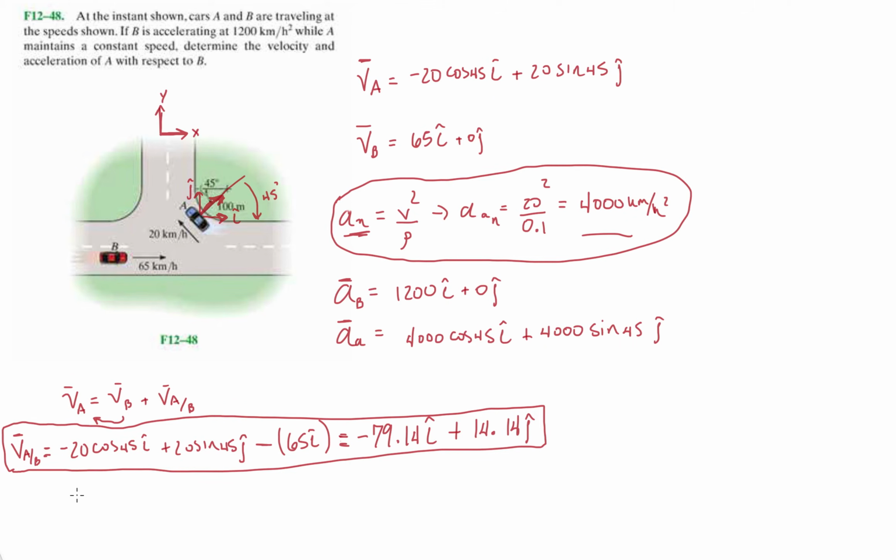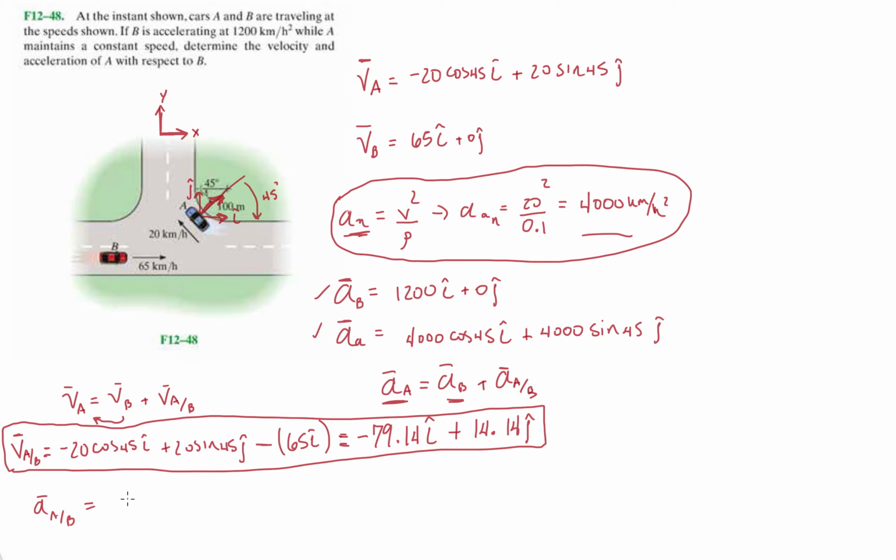So now we do, what is the acceleration of A with respect to B? Remember that notation. With respect to is always in the bottom, right? So what do we want to do? We want to plug in all these values here. So acceleration of A with respect to B is equal to acceleration of A minus the B term.